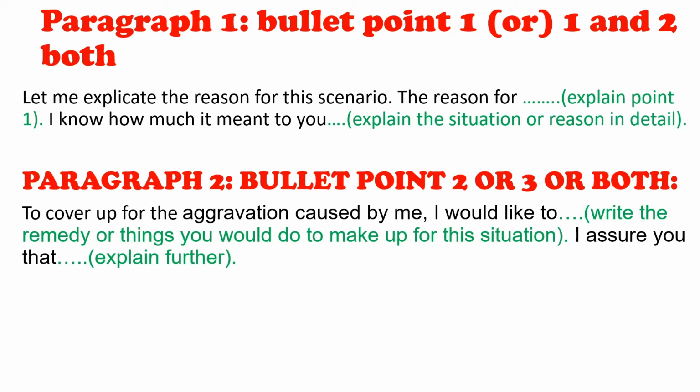I assure you that... and now you will assure him that this will not happen, or you will cover up things, or you will make it a point that this doesn't cause any problem to the office or the colleagues. You will just assure him that this will not happen again, or that you understand what grave mistake you have made and you will not make it again. So again, 3 statements well explained, in good formal language, and you are done.